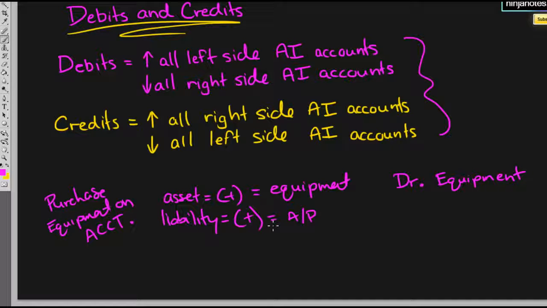Accounts payable is a liability on the right side, and since we're increasing a right side account, we would credit accounts payable. So you see right there, we have one debit and one credit. This is a valid transaction, and we're finished with it. We've increased the balance in both the equipment account and the accounts payable account.